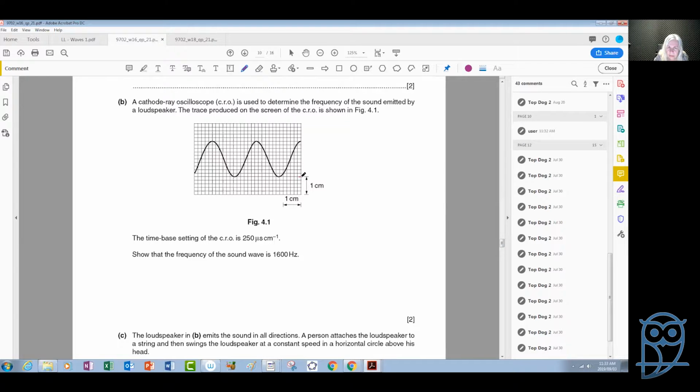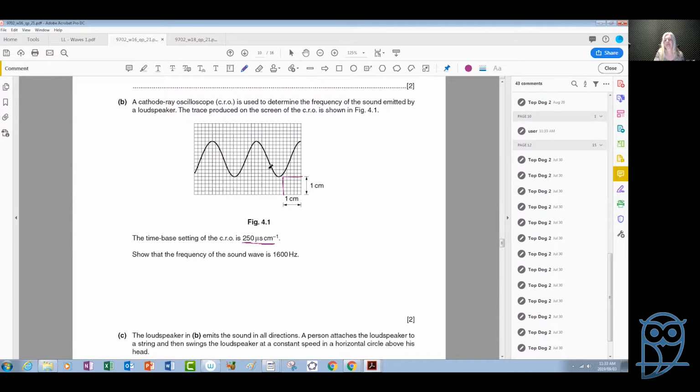One of these little squares represents 1 by 1 centimeters, and this is important because it gives us the time base setting of the oscilloscope, which is 250 microseconds per centimeter. So each centimeter here represents 250 microseconds.